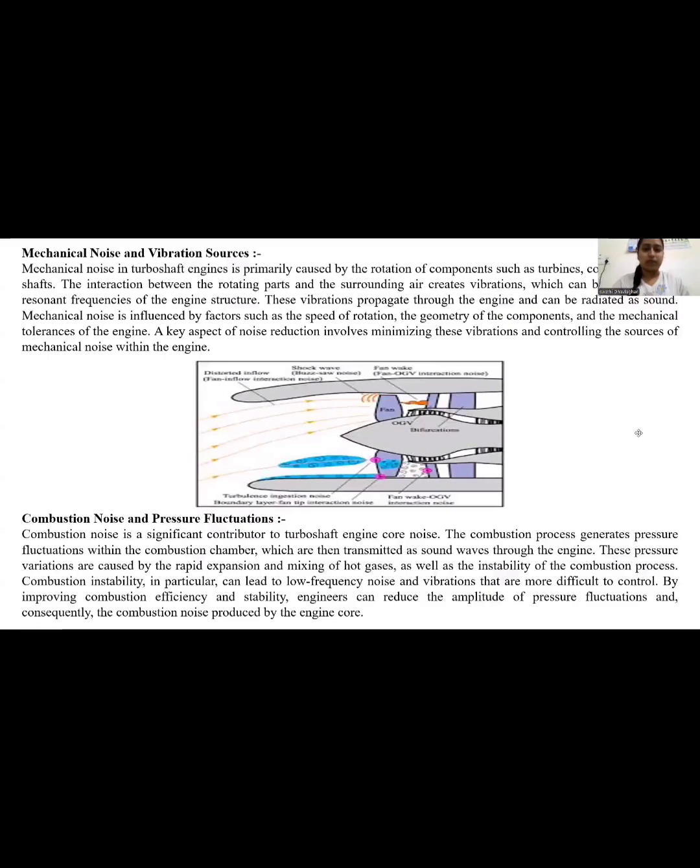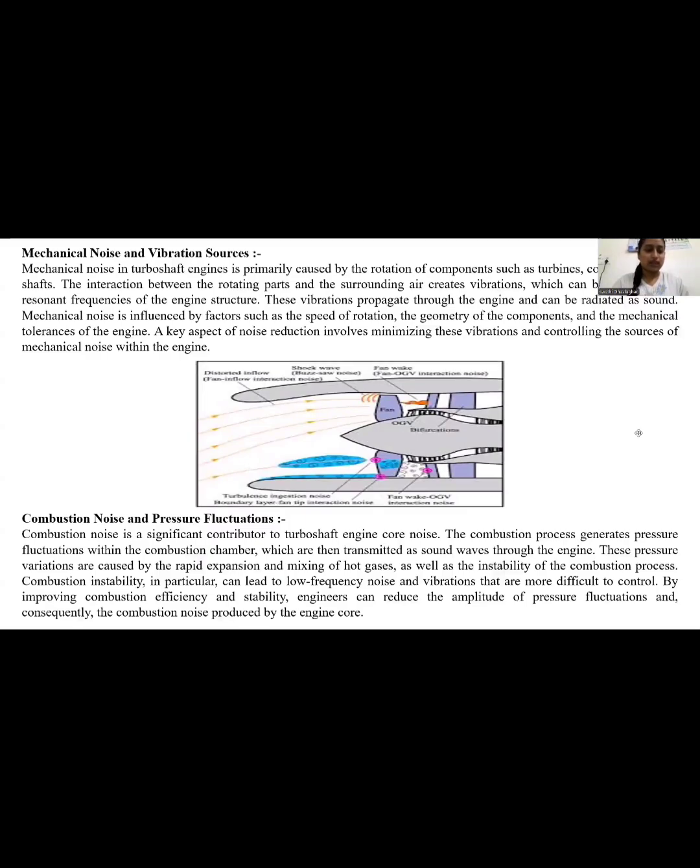This vibration propagates through the engine and can be radiated as sound. Mechanical noise is influenced by factors such as speed of rotation, the geometry of components, and the mechanical tolerance of the engine. A key aspect of noise reduction involves minimizing these vibrations and controlling the sources of mechanical noise within engines.